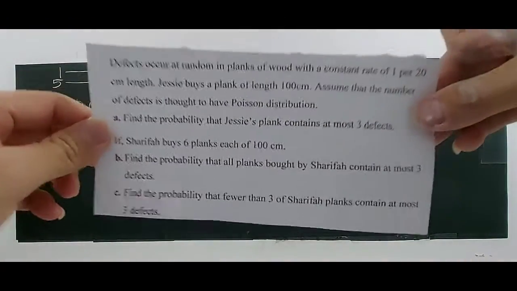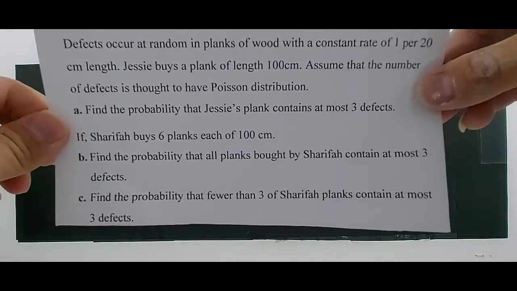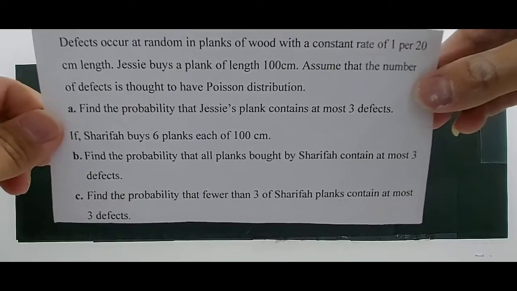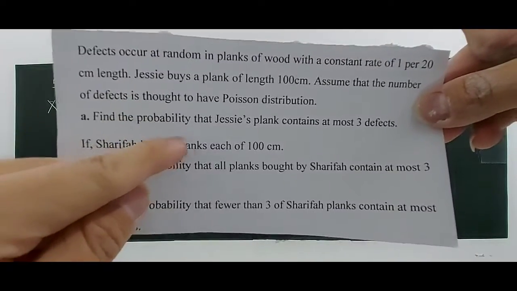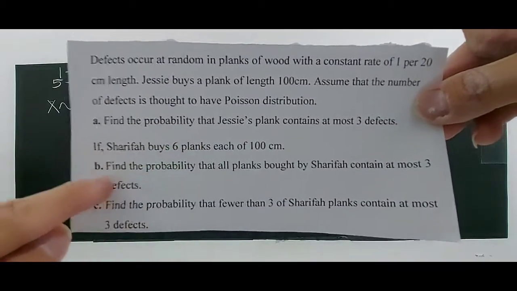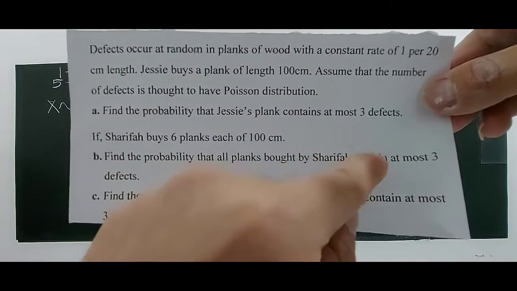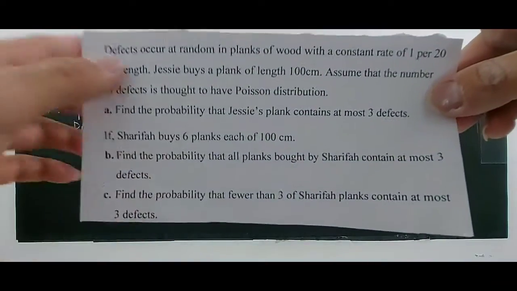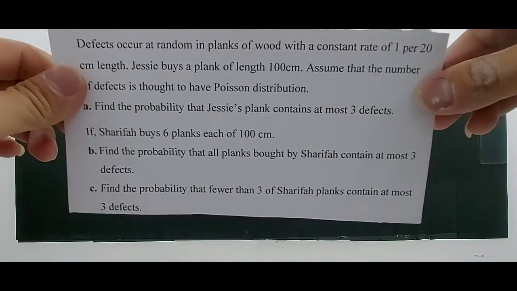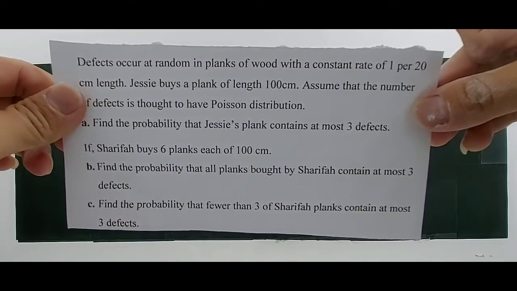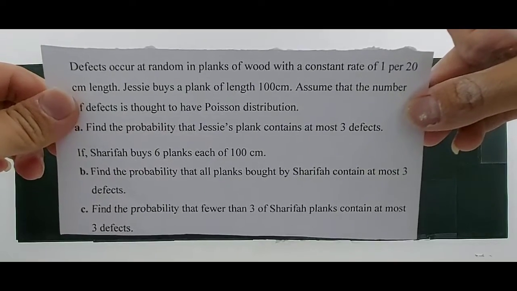Pause the video and read the question carefully. Find the probability that all planks bought by Sharifah contain at most 3 defects.